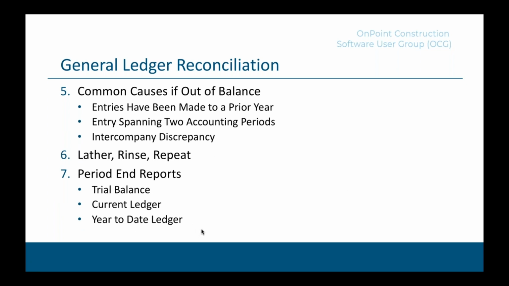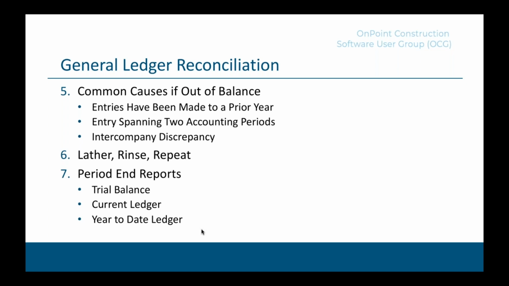Some of the causes for being out of balance is entries have been made to a prior year. So if it was made to a prior year, then your trial balance this month will be out of balance until you reclose the year again.